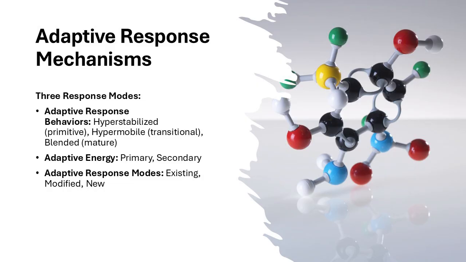Okay. Energy, modes, then the actual adaptive response behaviors. These are what we see. Hyperstabilized, hypermobile, blended. Can you give us quick analogies? Sure. Think of hyperstabilized as being stuck in a rut. It's rigid, kind of primitive, like the person keeps trying the same thing over and over even though it's clearly failing. Resistance to change.